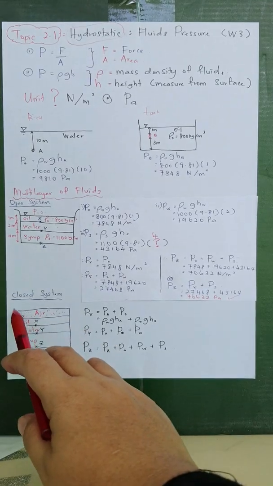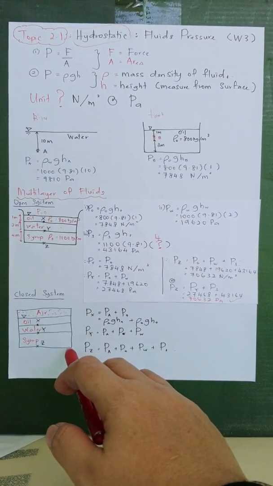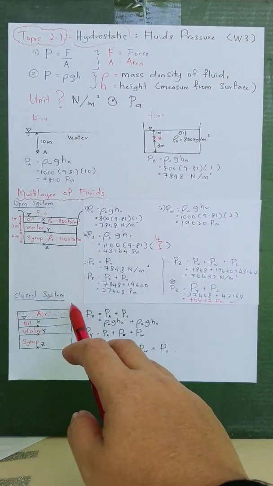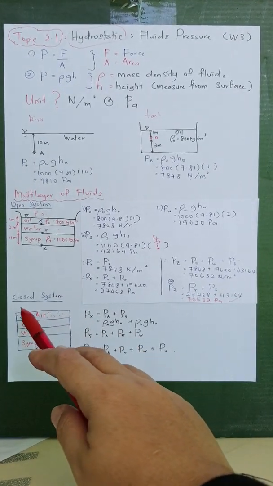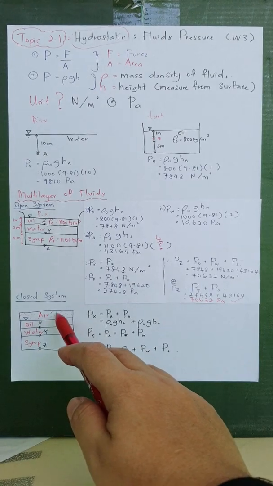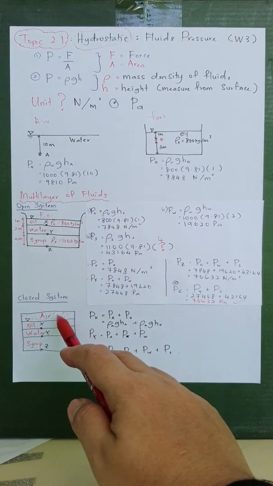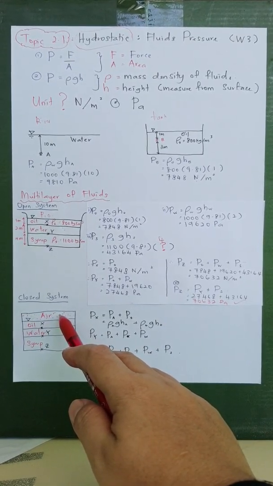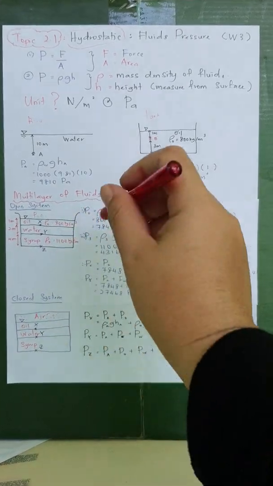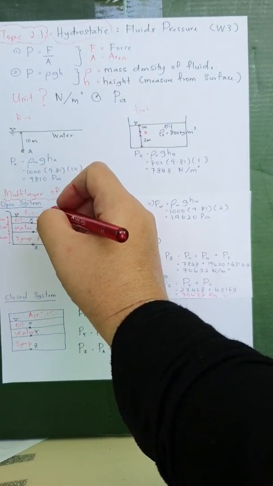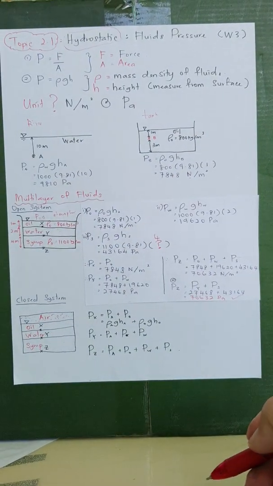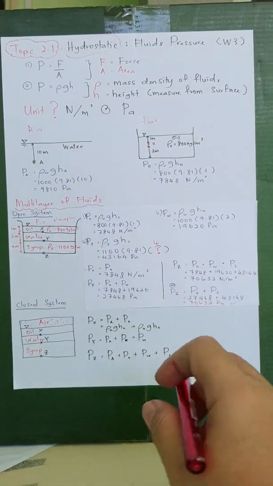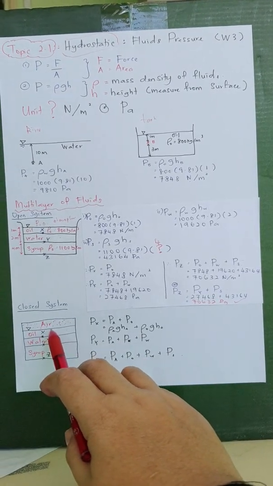Tapi bila kita close system, macam botol air, whatever container yang ada penutup, same case, we have oil, water, and syrup. But in the closed system, we have air here. So we have pressure of air. Itu saja bezanya. Yang ini tak ada. Even though dia tulis kat sini atmosphere, tak payah susah-susah nak tambah dengan P atmosphere, sebab P at the surface equal to 0.